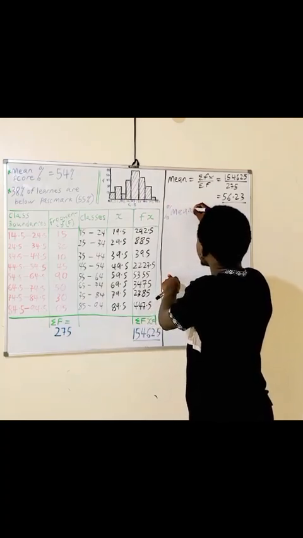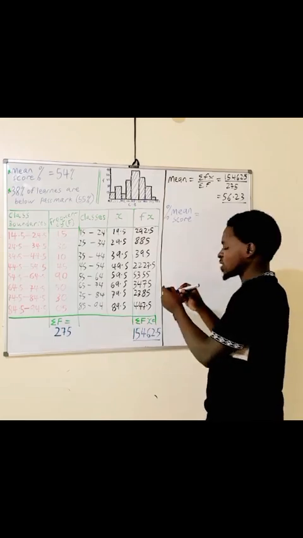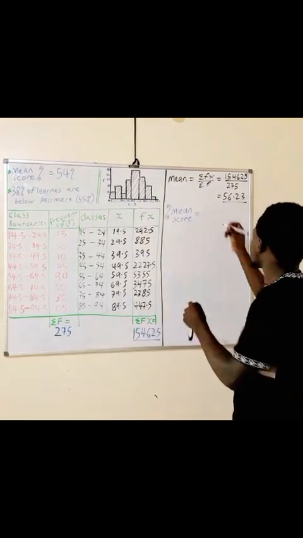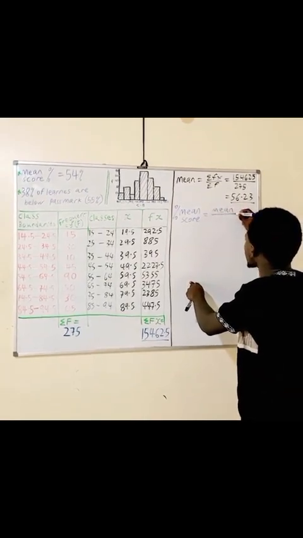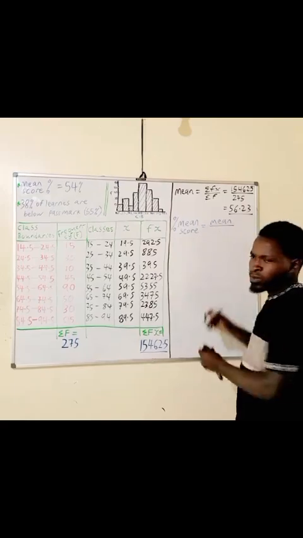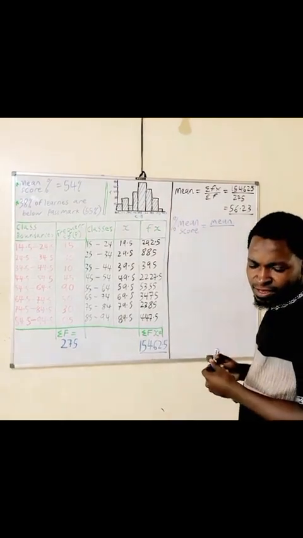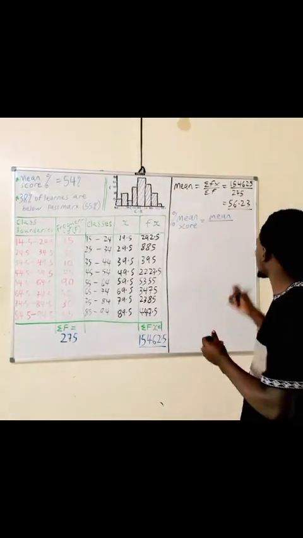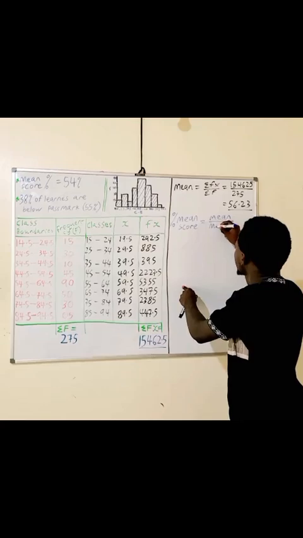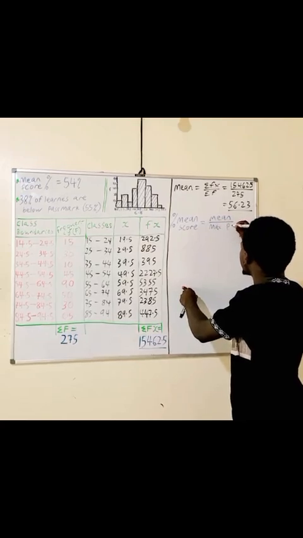The percentage mean score. It is what in terms of formula? It is the same as the mean over what? It is over the maximum possible score.